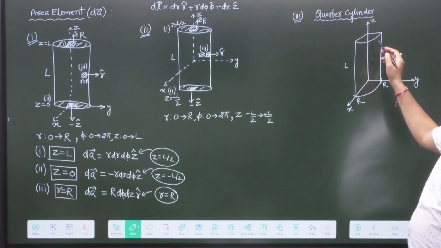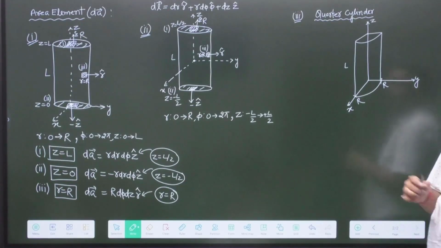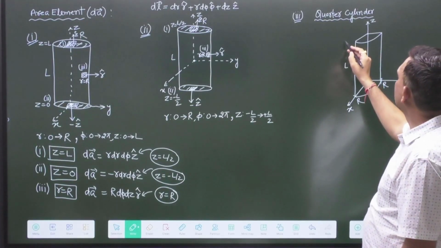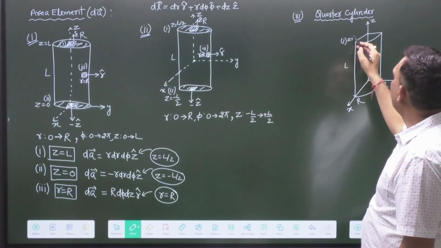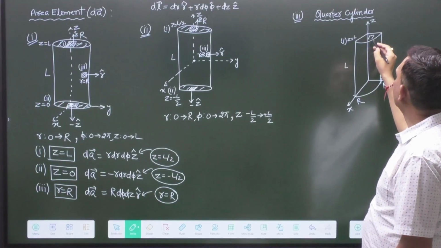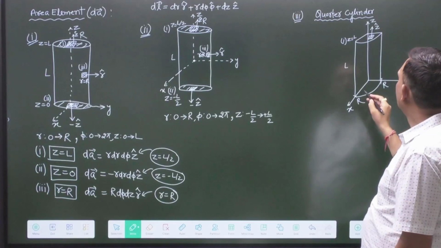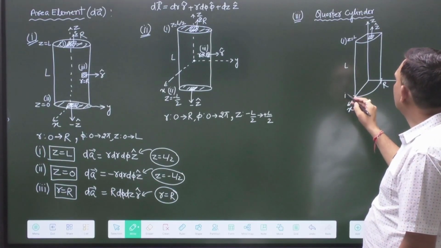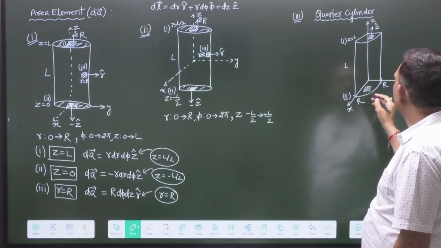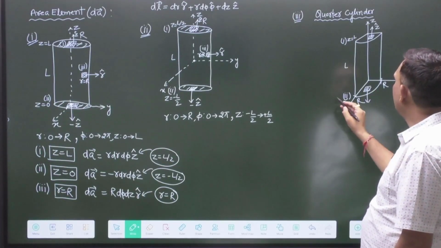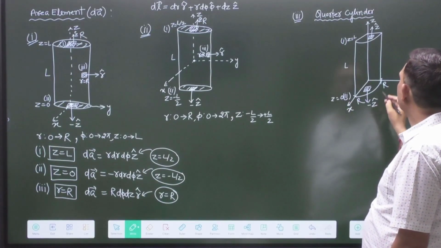Now this volume is surrounded by how many surfaces? Five surfaces. Surface 1 is the z is equal to L surface, and the area element over this is z cap. Surface 2 is z is equal to 0, so the direction is minus z cap.